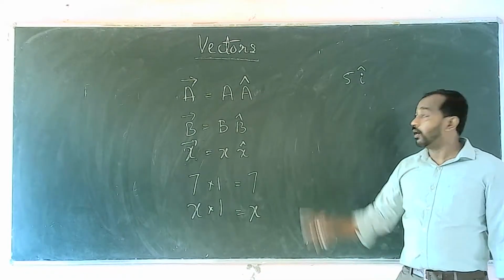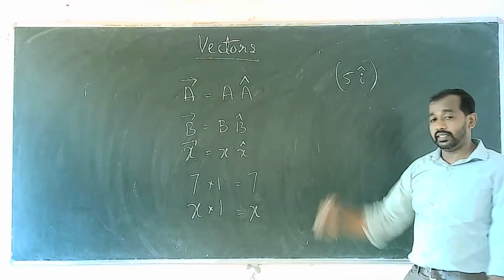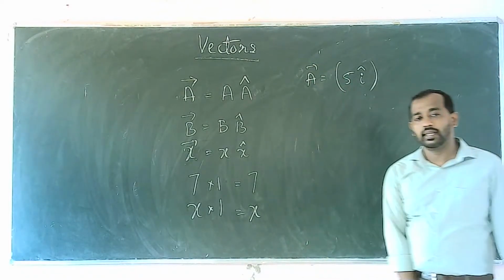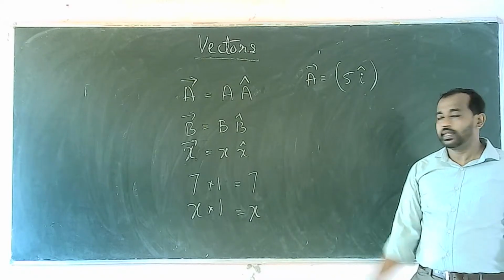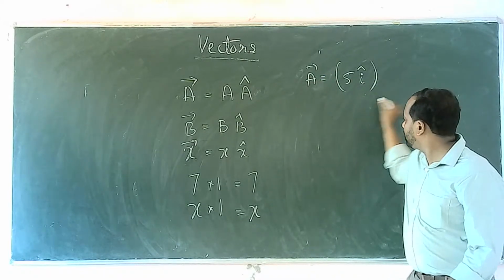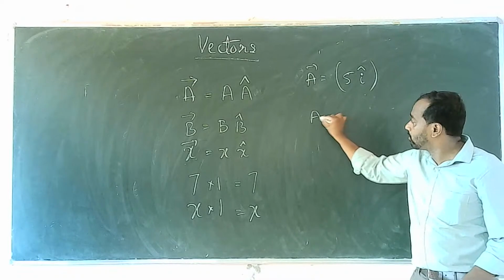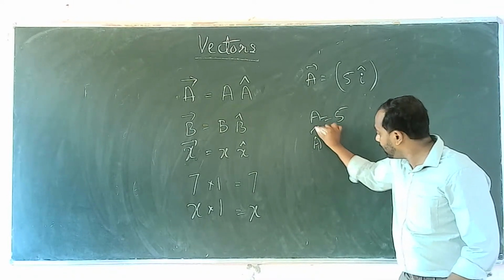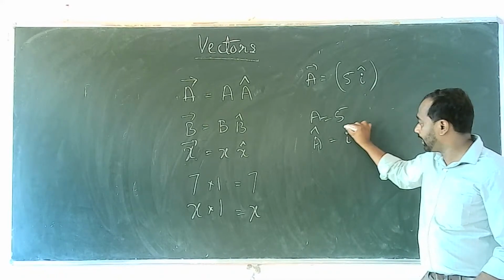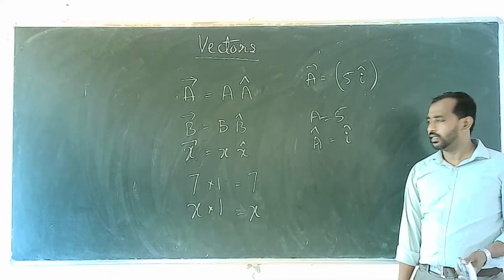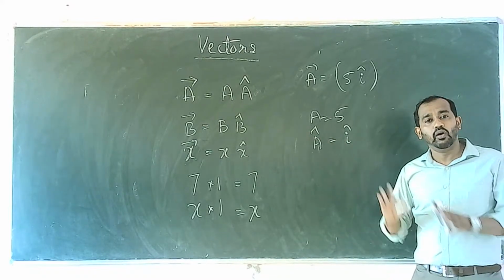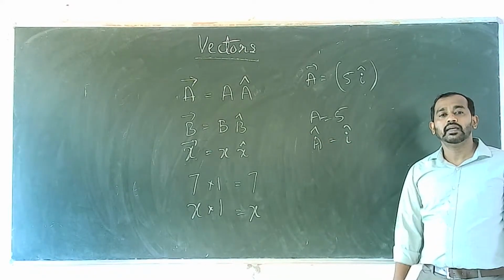Let this vector be represented as vector A. Then what is the value of A here? It will be equal to 5. That's the magnitude of A. What is the value of A cap here? That will be equal to I cap. So that is how we represent it. What is the magnitude of A cap? How do we represent that?